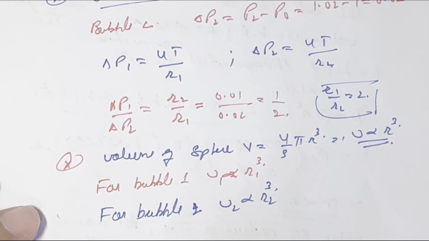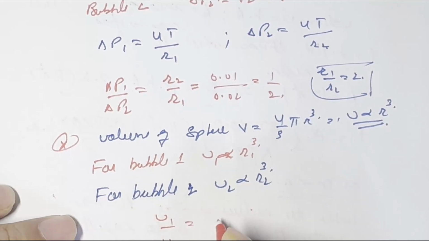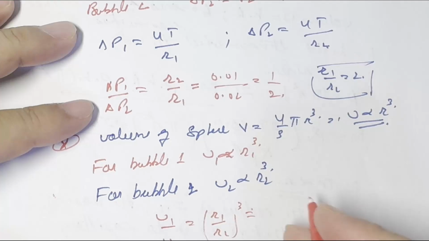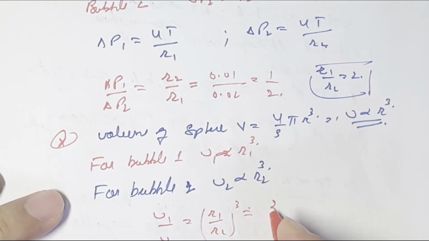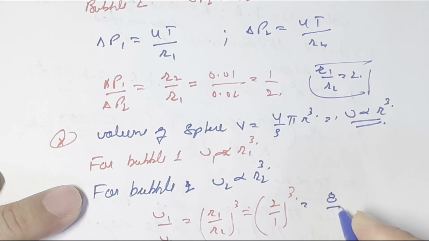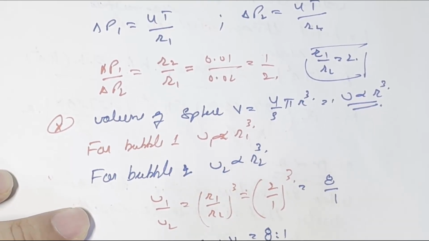And we take their ratio. V1 upon V2 is equal to R1 upon R2 whole cube. R1 and R2 is 2 by 1, so this is 2 upon 1 whole cube. Therefore it becomes 8 by 1. So we can write V1 ratio V2 is equal to 8 is to 1.